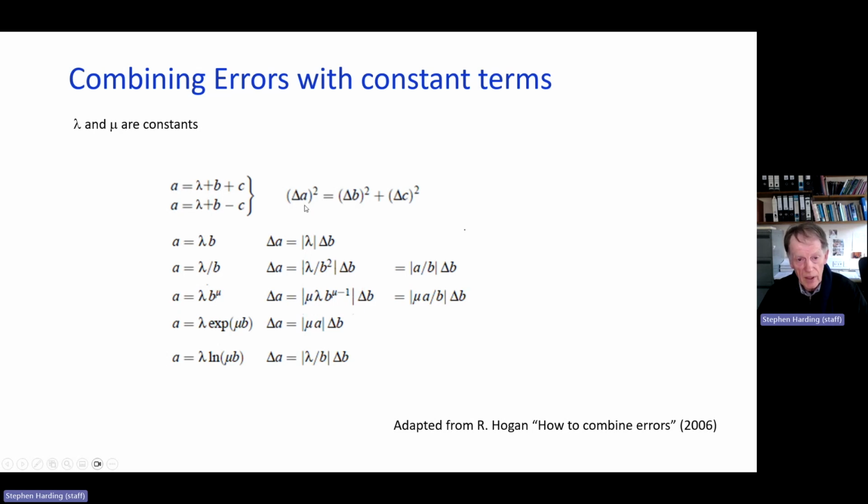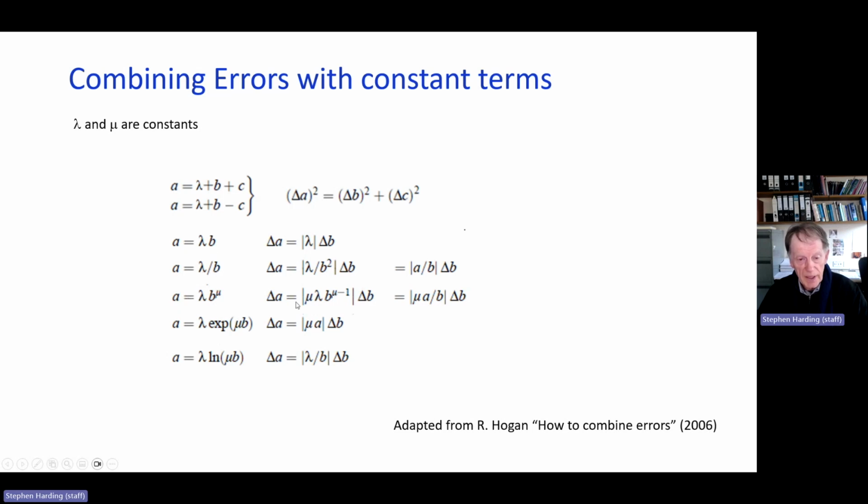Although in the case of this, so long as there's no error in the constant, then the constant value has no bearing on the total error of this summation or subtraction case. But the constants do affect the cases where they are multiplied or divided.